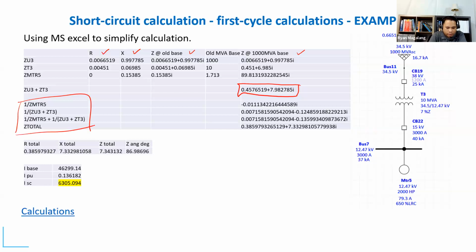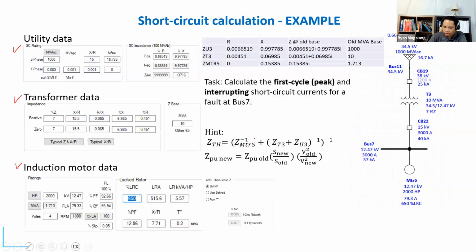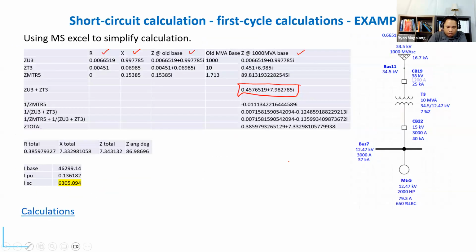I use Excel to arrive at this calculation so that I could show you something. I inverted the motor because it's in our formula here. That's this value, and following that formula, we arrive at this value.